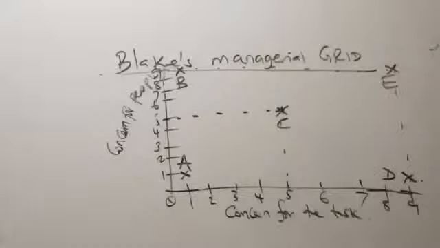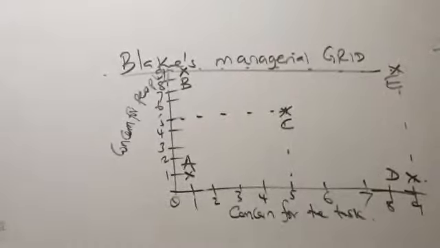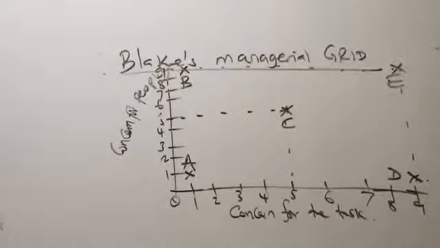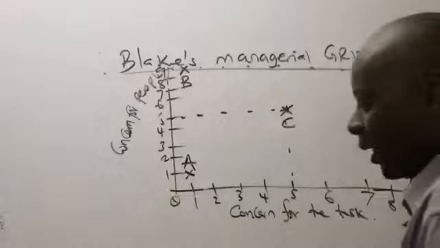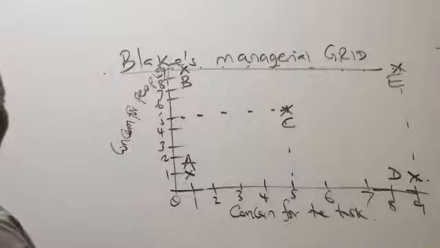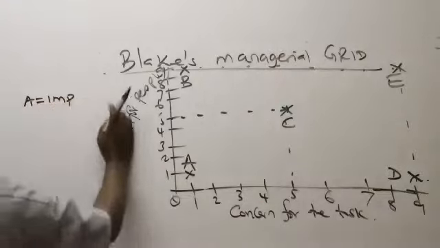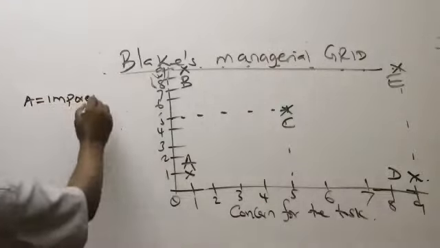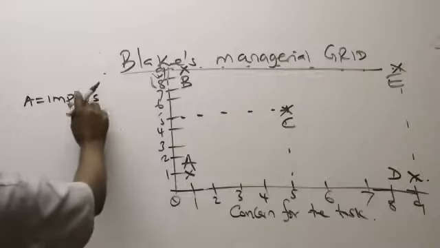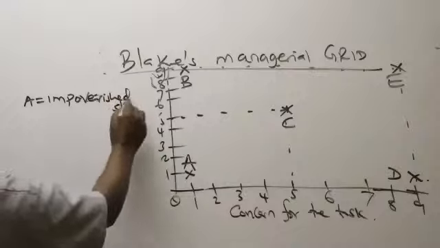I hope that is still clear. Yes. So our A guy is the one we call impoverished style. That is A.